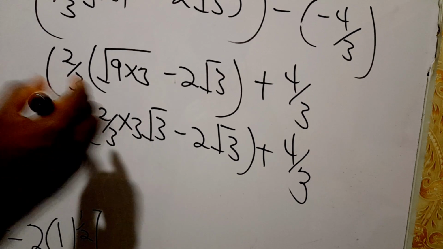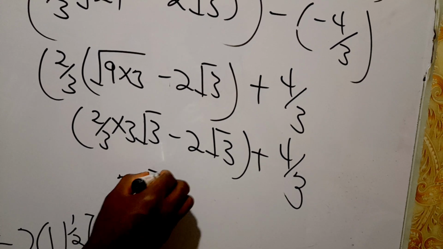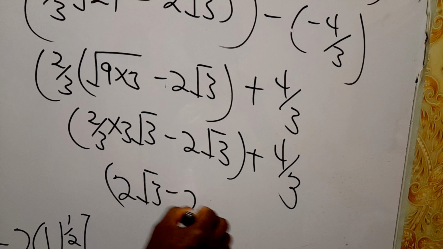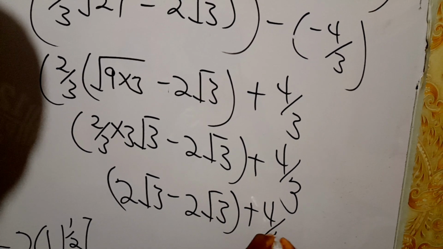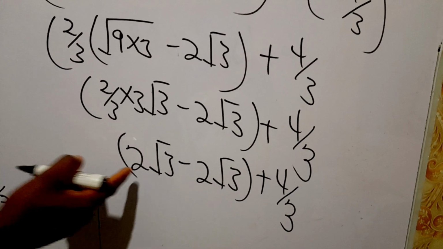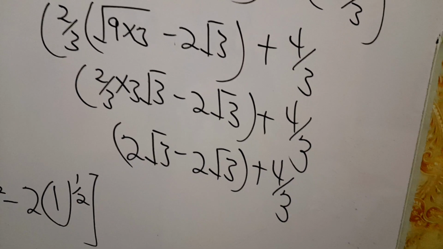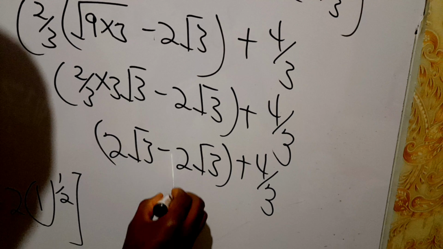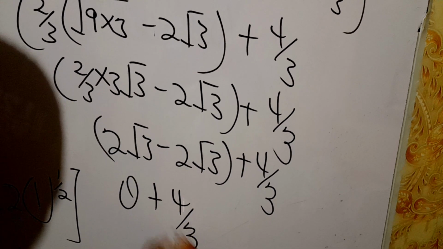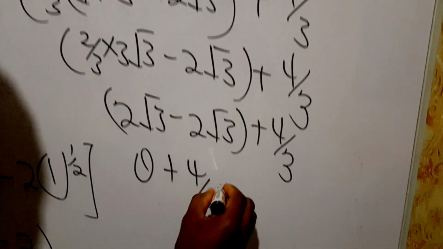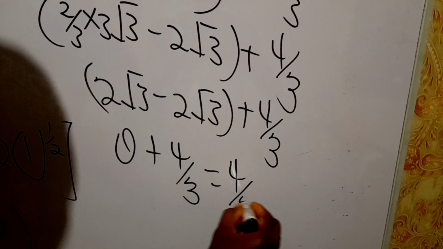So this 3 will divide that. We have 2 root 3 minus 2 root 3, then plus 4 out of 3. So look at this, 2 root 3 minus 2 root 3 will be 0. So we just have 0 plus 4 out of 3, which is equal to 4 out of 3.